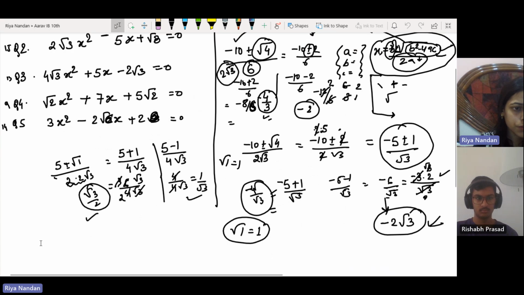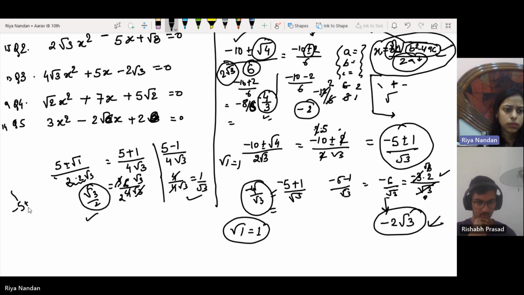Yes, tell me, what is the answer of the third question? Minus 5 plus minus root, 121, 4AC. Yes, root 121, right? Now 2a, which is 2 root 3 times 4, 8.